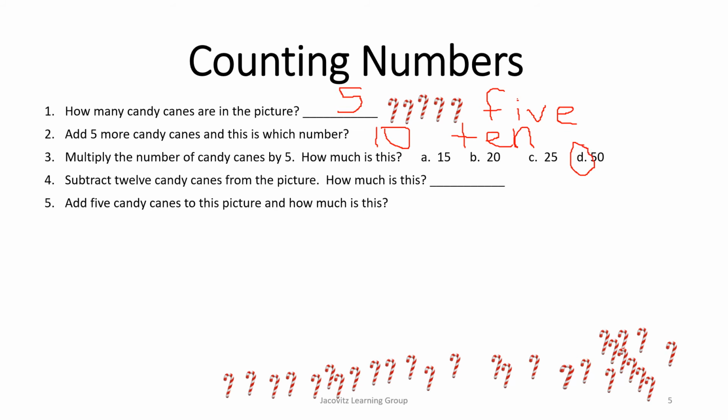Subtract 12 candy canes from this picture. How much is this? So now you have to count all these at the bottom. So let's start here, 1. So we don't get confused, let's write here 2. This is 3. 4, 5, 6, 7, 8, 9, 10, 11, 12, 13, 14, 15, 16, 17, 18, 19, 20, 21, 22, 23, 24, 25, 26, 27, 28.